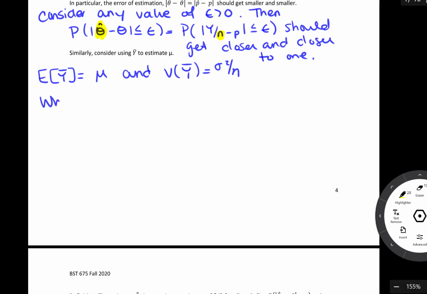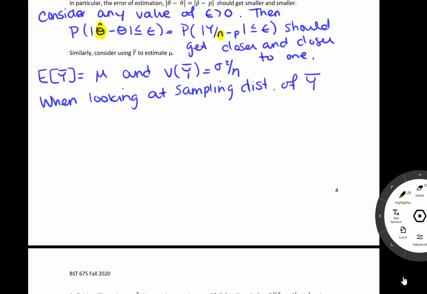So when we look at the sampling distribution of y bar, I said x bar a second ago, I should have said y bar, we have that the variance, sigma squared over n, decreases as n gets larger and larger.